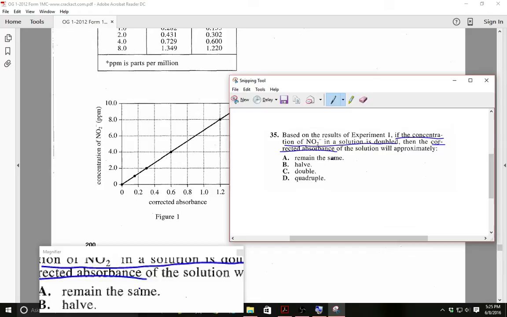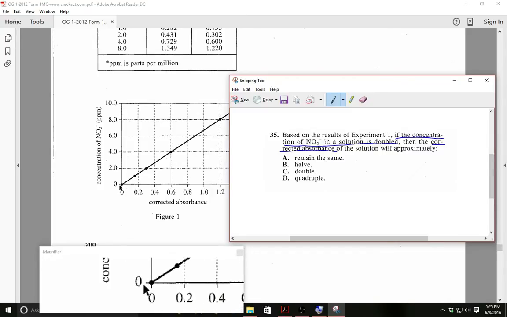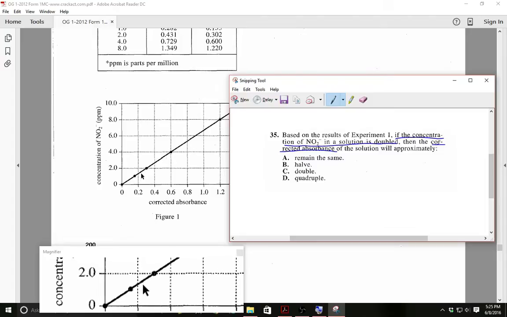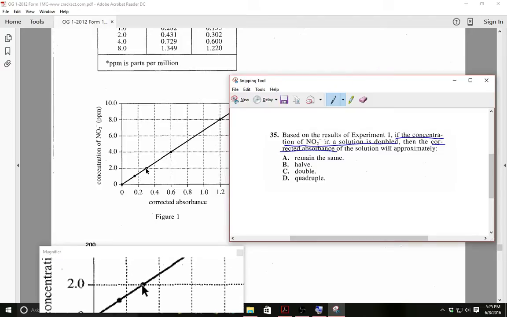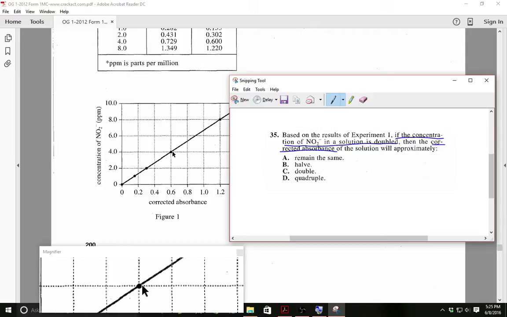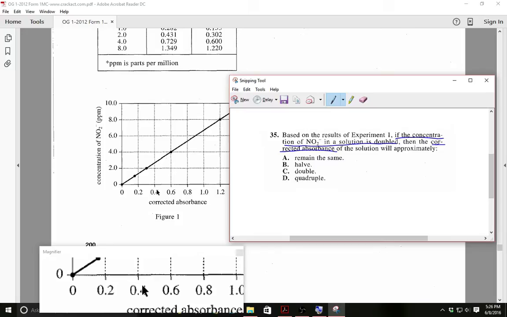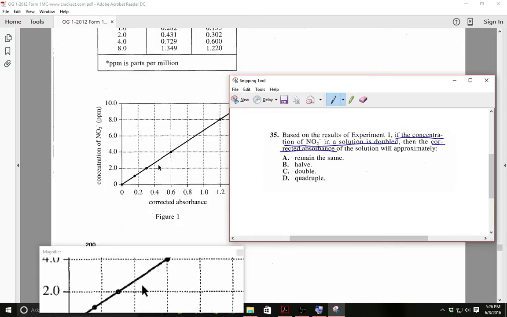If we double the concentration, let's say we go from 2 to 4, then the corrected absorbance does seem to approximately double.